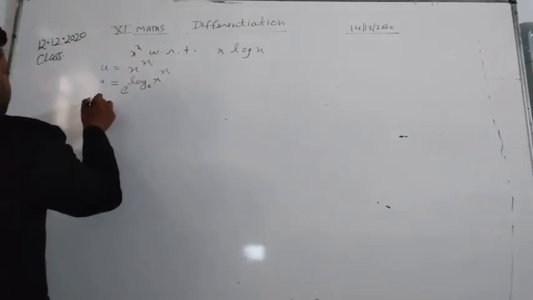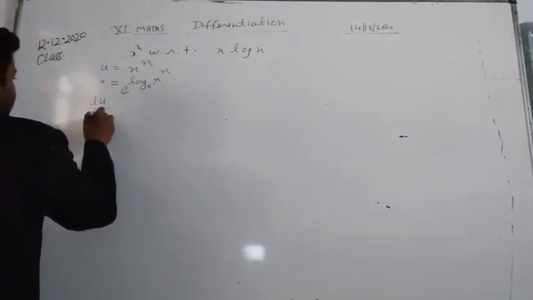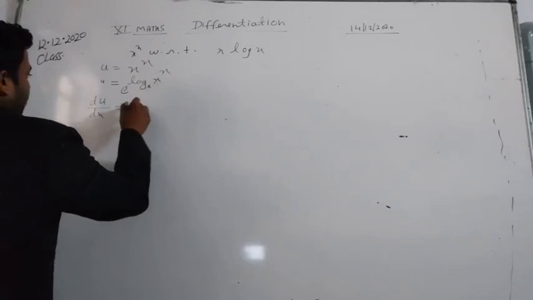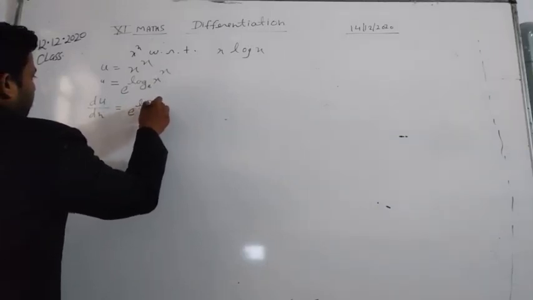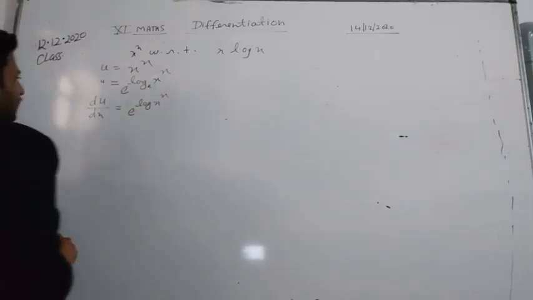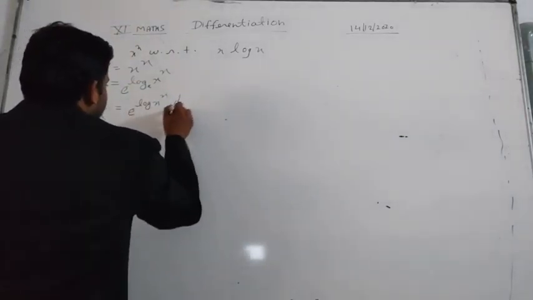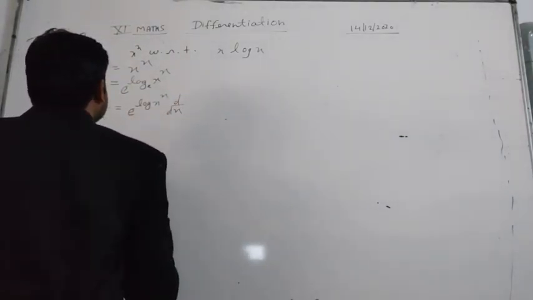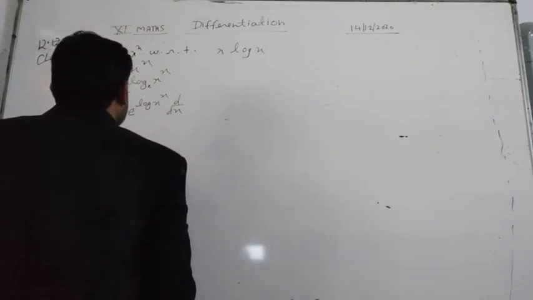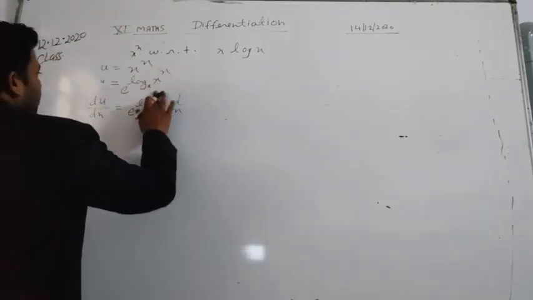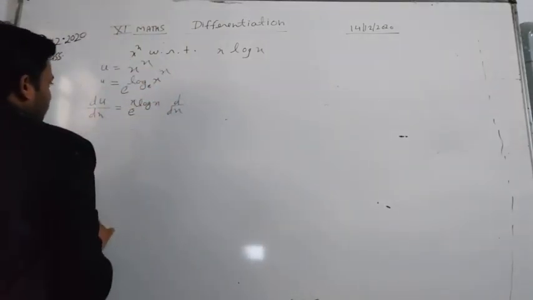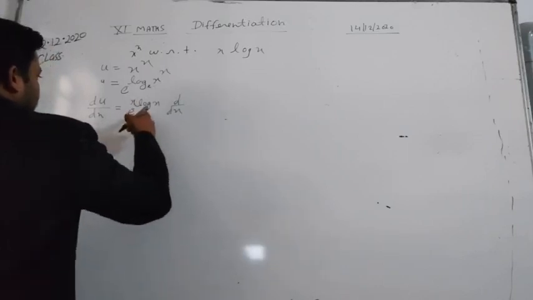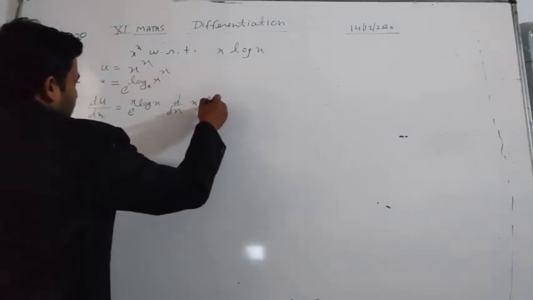Now the differentiation du by dx is e to the power log x to the power x, and the differentiation of, now this can be written as x log x, and the differentiation of x log x.